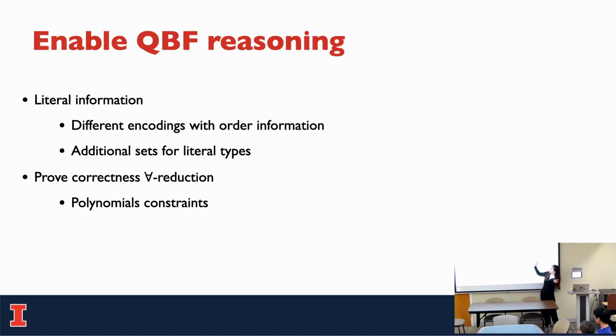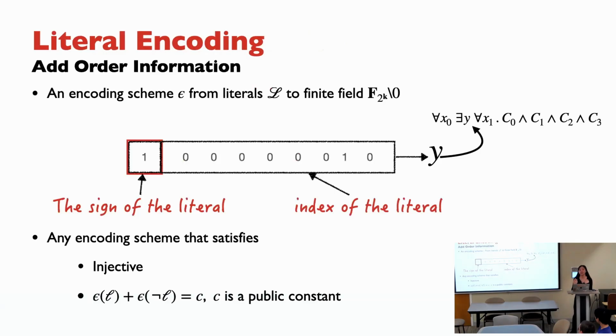So the encoding we had before is not sufficient to encode all this kind of information. To overcome this, instead of only having the binary part, the rest of the binary string encodes the index of the neutral. We use it to encode the order of the neutral.